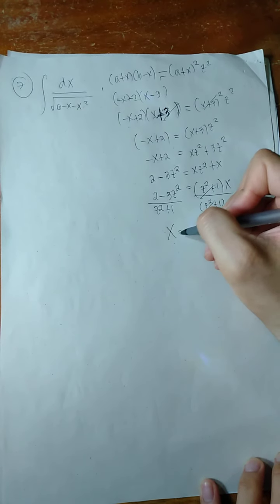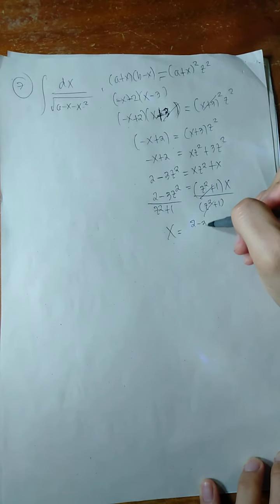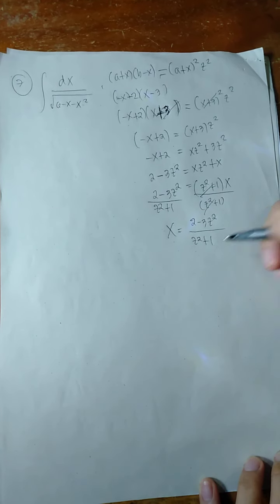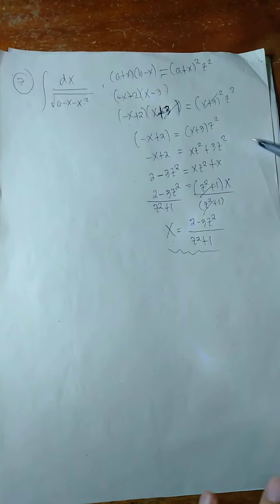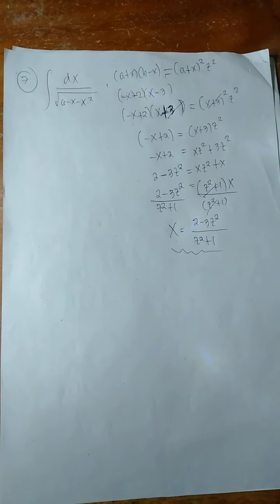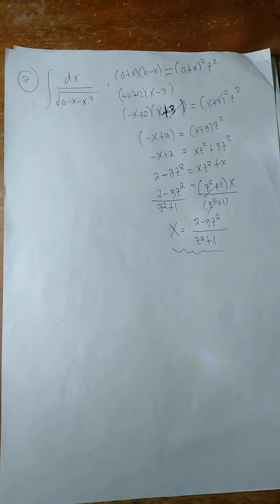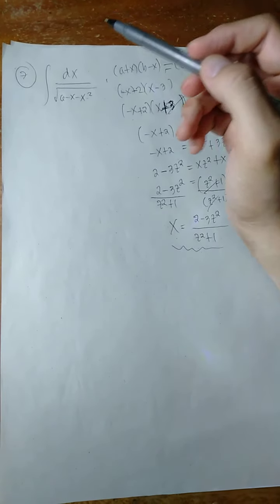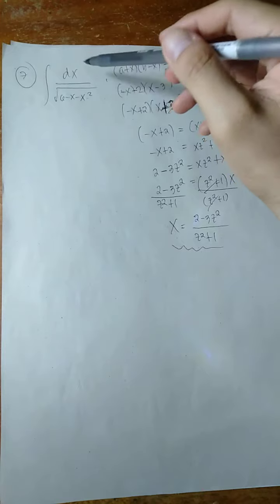So, our x will be 2 minus 3 z squared over z squared plus 1. So, yun na yung x equivalent natin. So, yung x na dito, mapalitan natin ito. Okay, so, I think we can do the substitution now. So, okay na to.